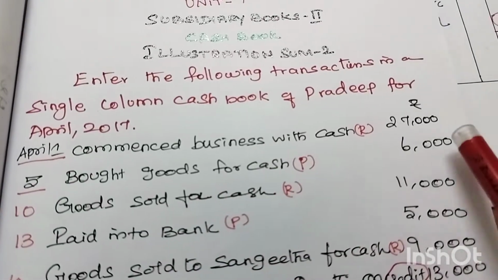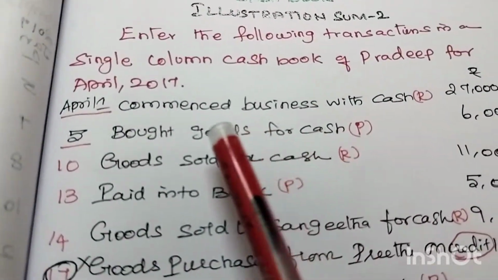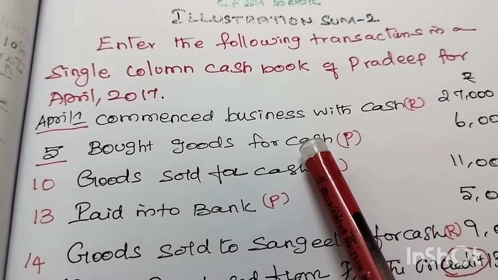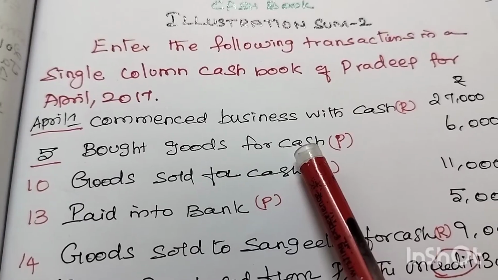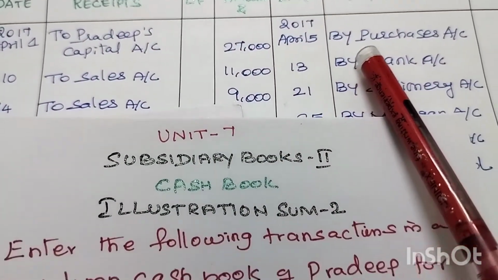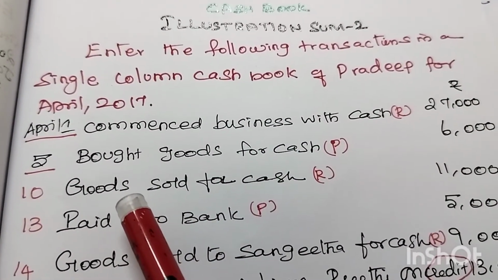Then April 5, bought goods for cash, rupees 6,000. The journal entry is purchases account debit to cash account. Cash account is on the credit side, so we go to the credit side. The opposite account from the cash account is purchases account.